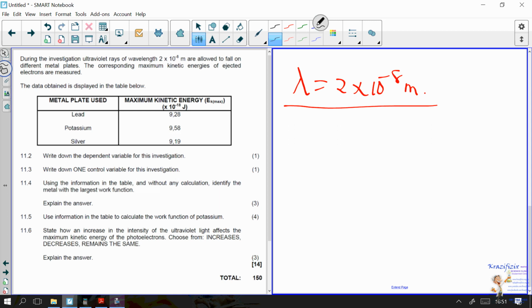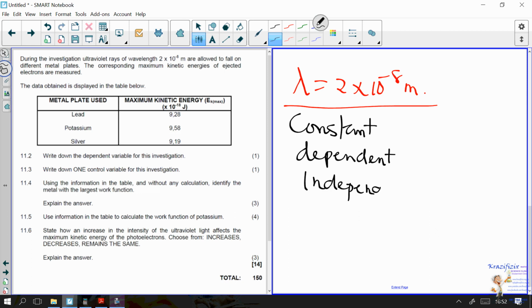An investigation has 3 variables. There is constant, there is dependent, and there is independent. I explained this in some other multiple choice. The word independent starts with I. So you need to ask yourself, what factor am I changing?